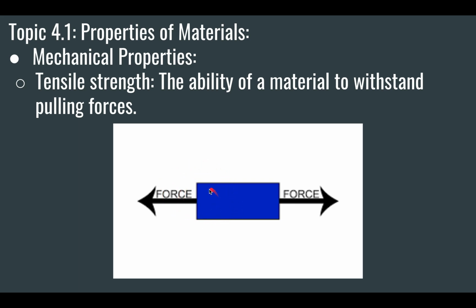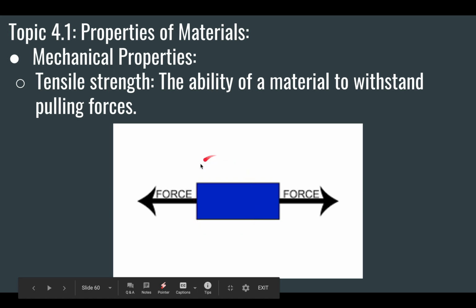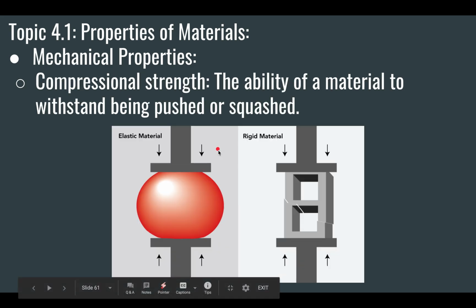This is really important, especially when something is hanging, like a bridge hanging from cables. You need a material that is very resistant to tensile force, that has very strong tensile strength. So that's a mechanical property we need to pay attention to.